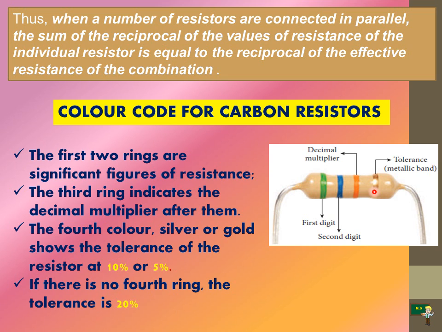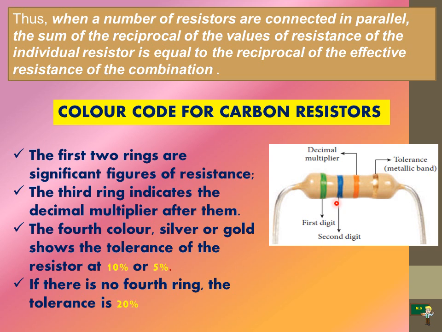That means up to that amount this resistor will tolerate the current passing through the circuit. And if there is no fourth ring, if gold or silver is not present here, the tolerance is 20%. Now I think you all know what is meant by tolerance.